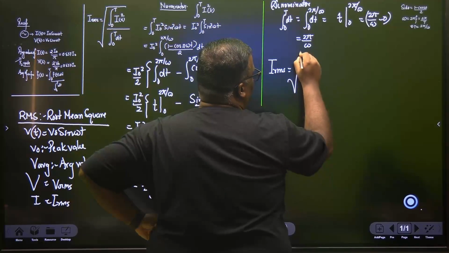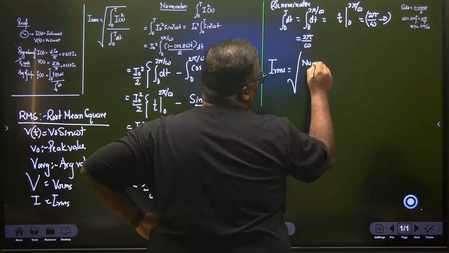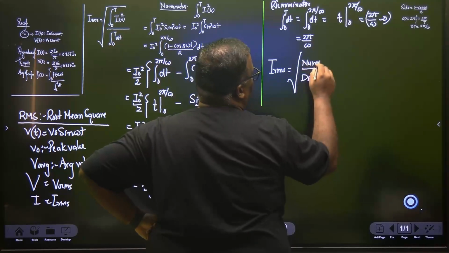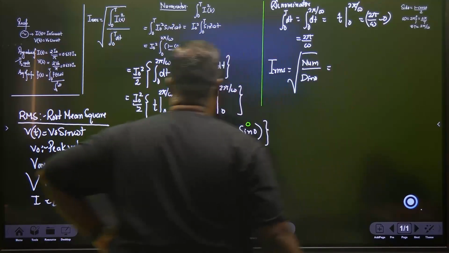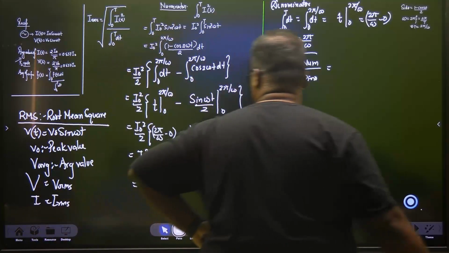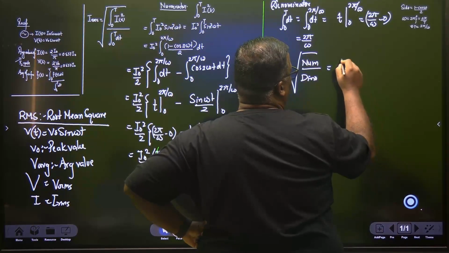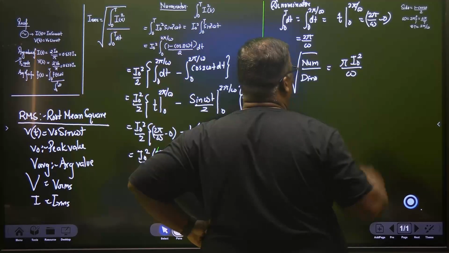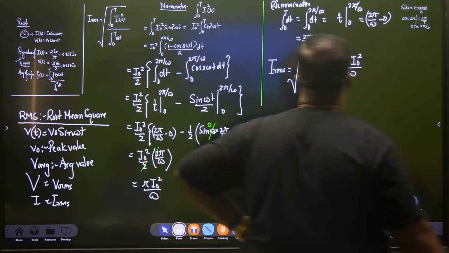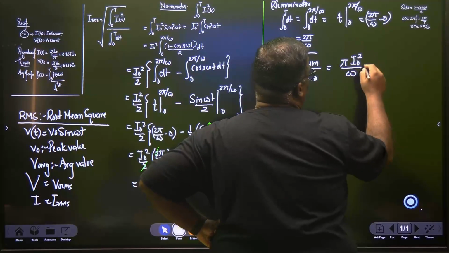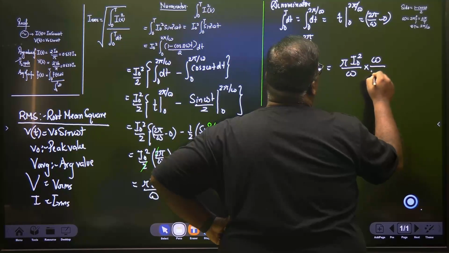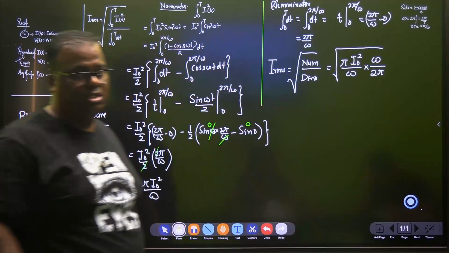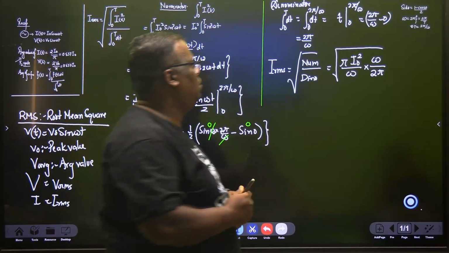IRMS is root under numerator by denominator. Okay. So let's take the numerator. The numerator is pi I naught square by omega into denominator. What is the denominator? Divided by this. So this can be omega divided by 2 pi and root of this. Have you understood this? Numerator divided by denominator.